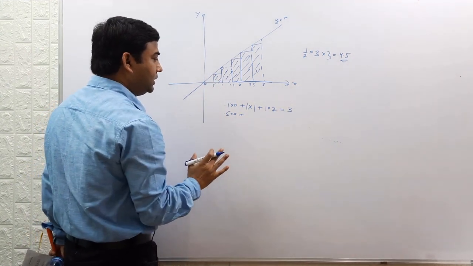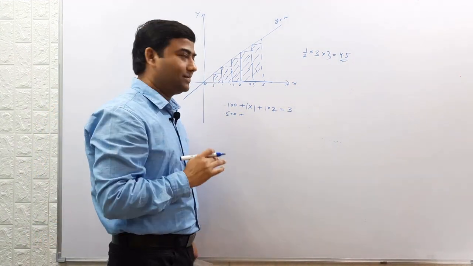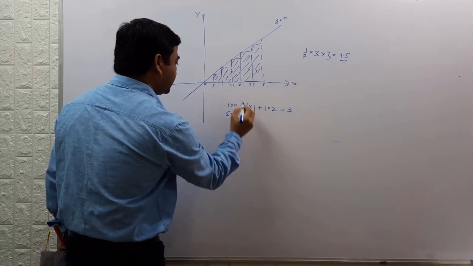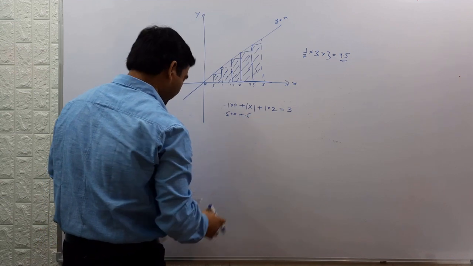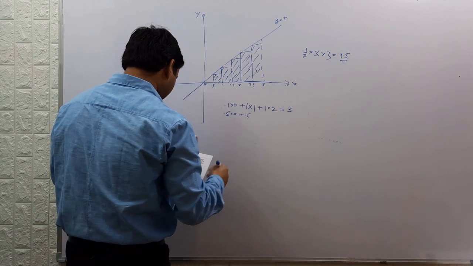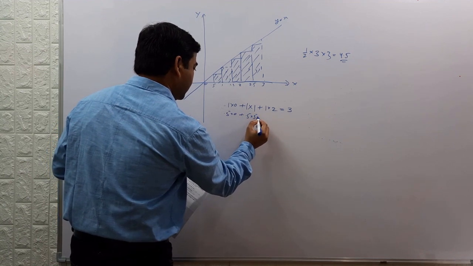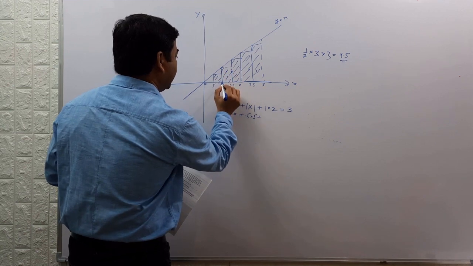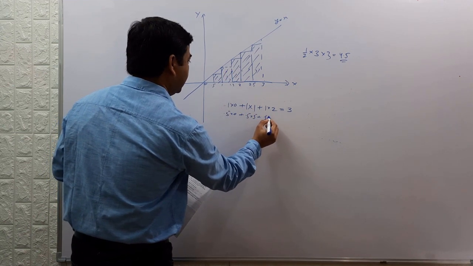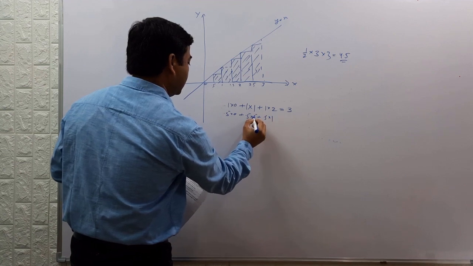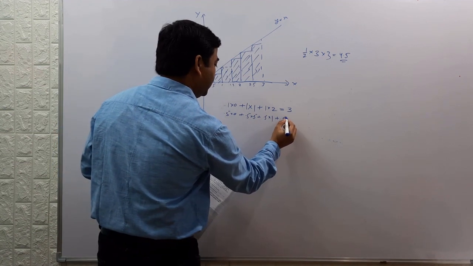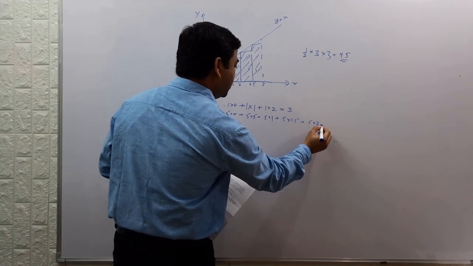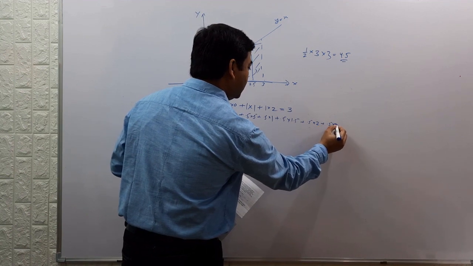We are only calculating the area of rectangles. Plus 0.5 into 0.5, plus 0.5 into 1, plus 0.5 into 1.5, plus 0.5 into 2, plus 0.5 into 2.5.